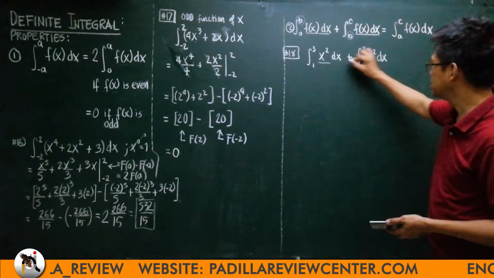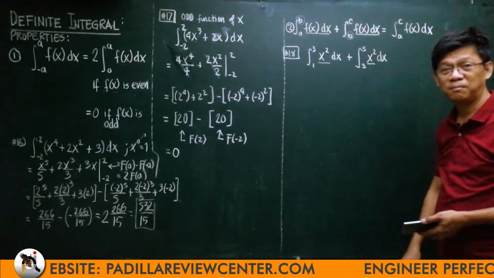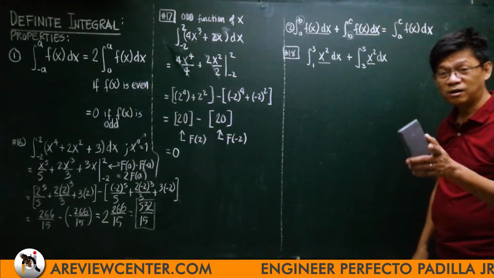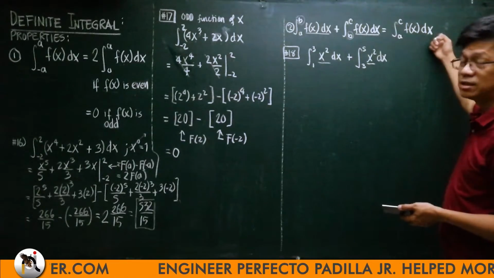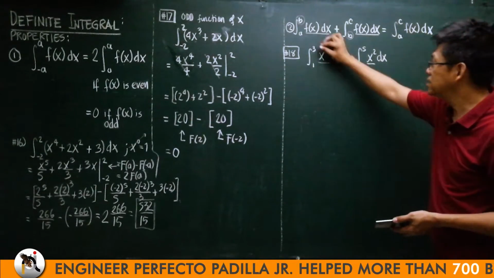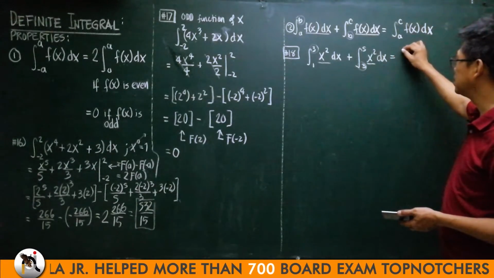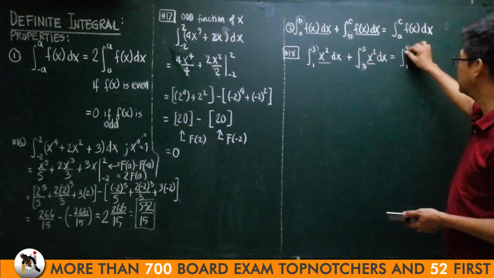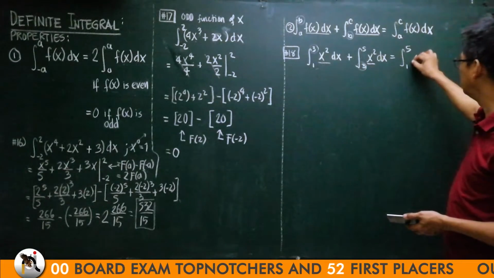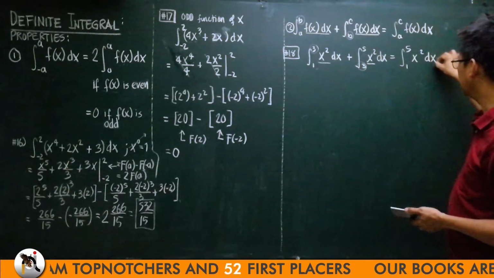Notice that this and this are the same. So our theory says that since this and this are the same, this will be the same as the integral from 1 to 5 of x squared dx.